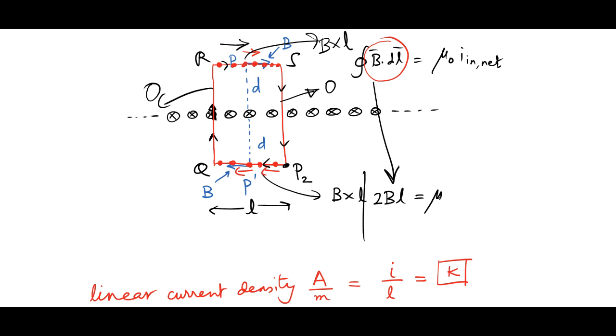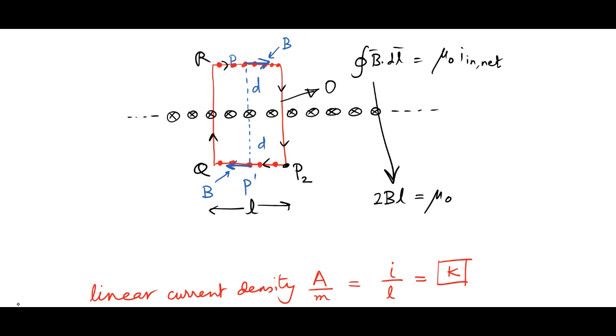On the right hand side, it's mu naught multiplied by the current which cuts or penetrates the interior of the rectangle. So you have to imagine that there is a membrane spread over this area whose boundary is the rectangle, and then the current which is penetrating that membrane is of course this current.